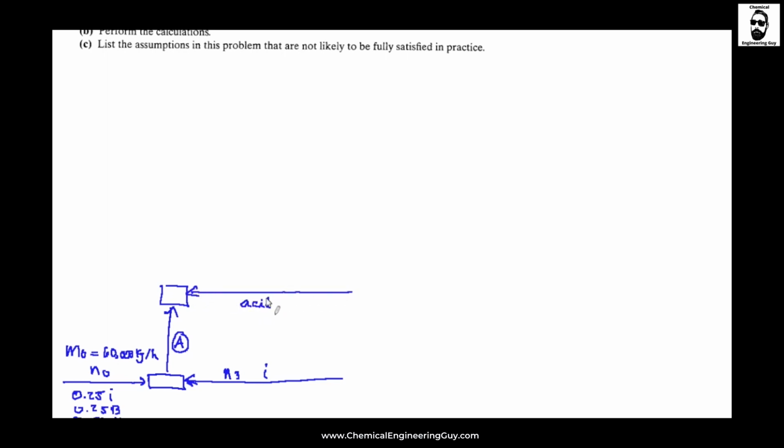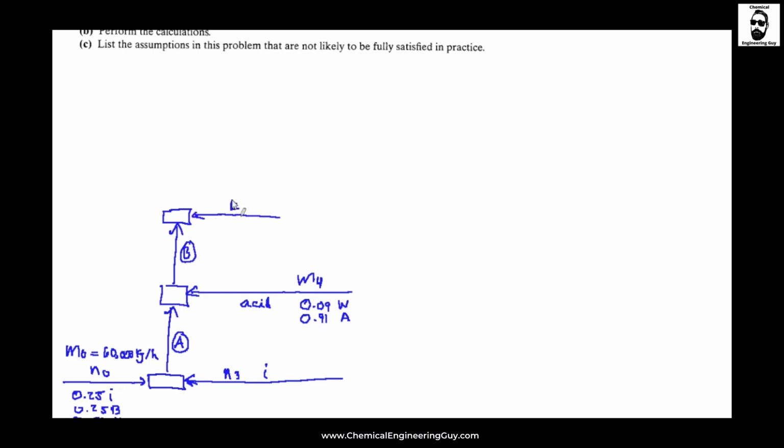Once again they mix the acid here. Here's the acid recycle. Let's call it M4, which is essentially 9% water and 91% sulfuric acid. Let's call this B. They turn it here into a mixing unit, and here is going to enter the emulsion.